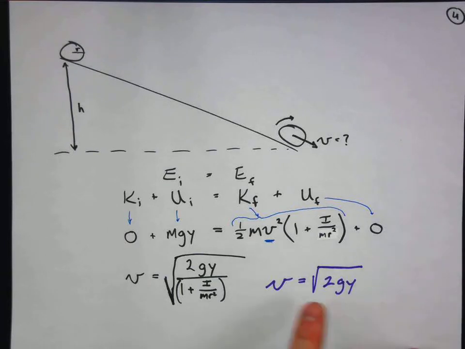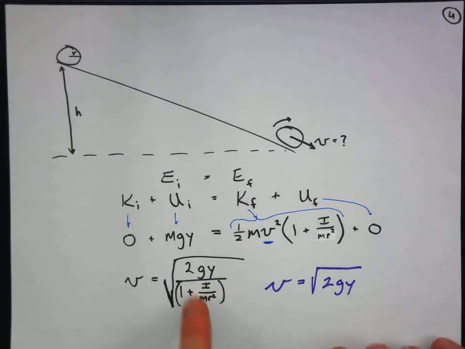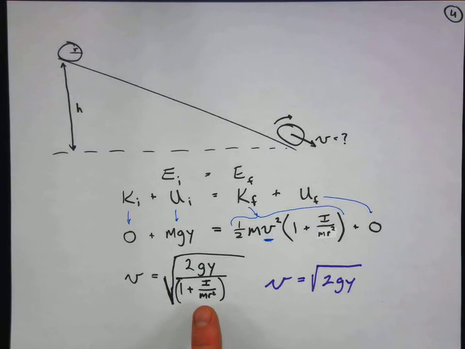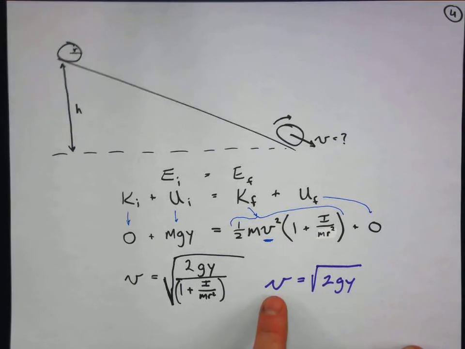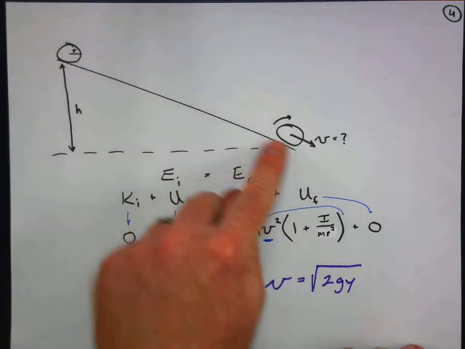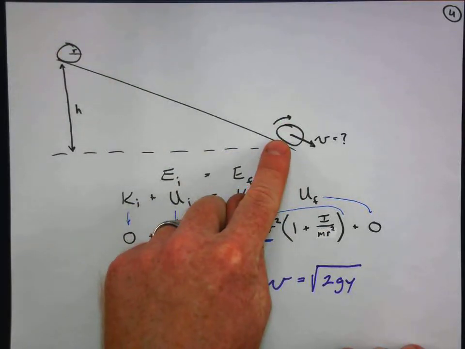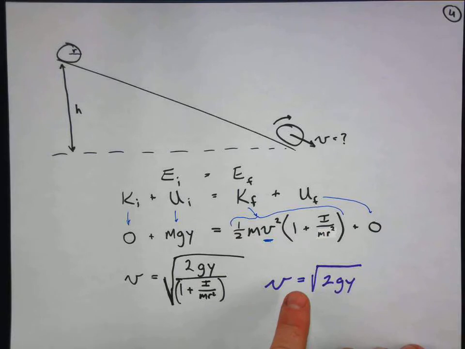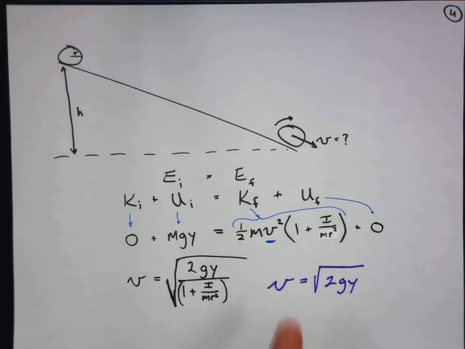But you can see that with rotation we have to throw in the extra term to account for the discrepancy that we would see. If we worked out velocity this way only, then we would not be accurate, right? Because this thing is rolling. There's rotational kinetic energy here as well, which will make this not an accurate means of finding the velocity.